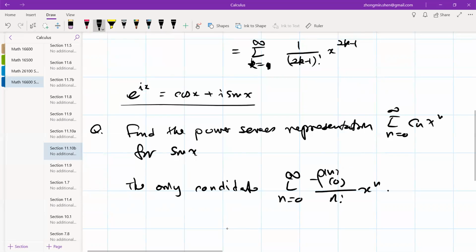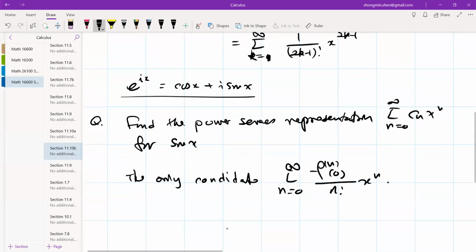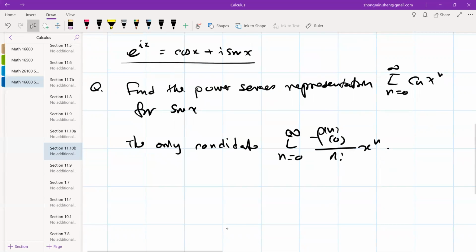But then you still have to prove that it's convergent to the function. First of all, we don't know the interval of convergence at the very beginning, and we don't know whether it's convergent to the given function. It's not clear at this moment. So let's find it first; this is called the Taylor series or Maclaurin series.